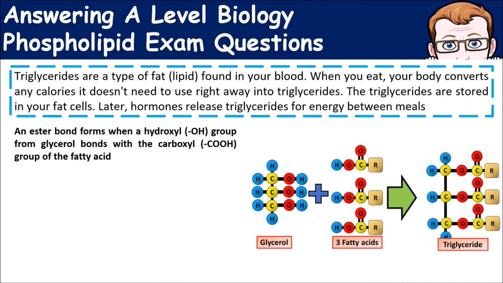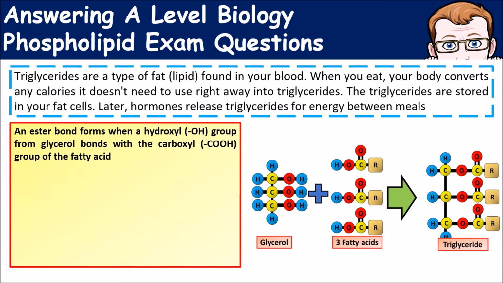When triglycerides form, they are forming an ester bond between the hydroxyl group, the OH group, and the glycerol, which has a carboxyl group, the COOH group in the fatty acid.